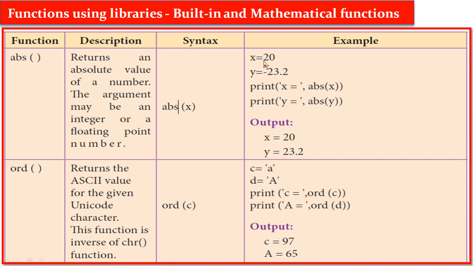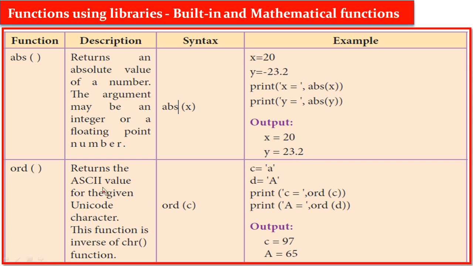Here x is the positive integer, it returns also positive. Here y is negative floating point number minus 23.2, it turns into the positive floating point number. So ABS of x equal to 20, ABS of y 23.2.